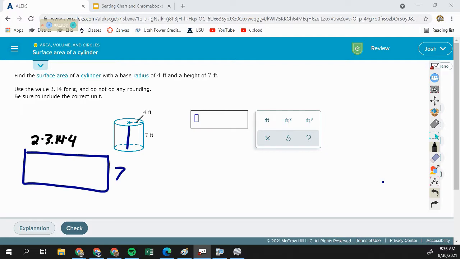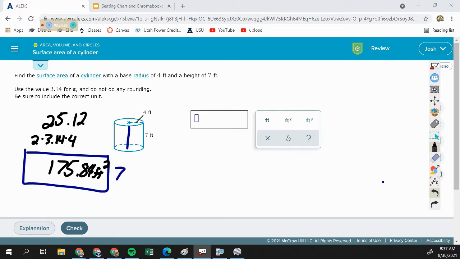So I need my calculator. If I had my calculator, then I wouldn't have to rely on you guys. So the top of that is going to be 2 times 3.14 times 4 is 25.12. Multiply that by 7, and I get an area of 175.84 square feet.